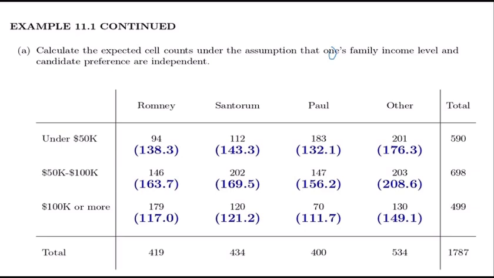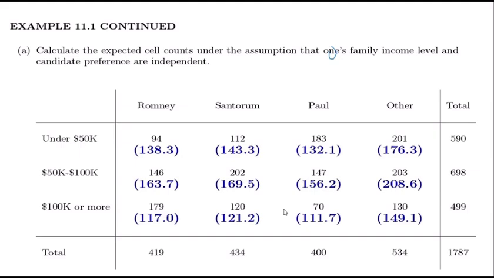Now, if you really want to know whether the assumption holds, none of the values in the parentheses, which we call the expected cell counts, should be less than 5. If you take a look at what we have right now, all the values in these parentheses are greater than 5.